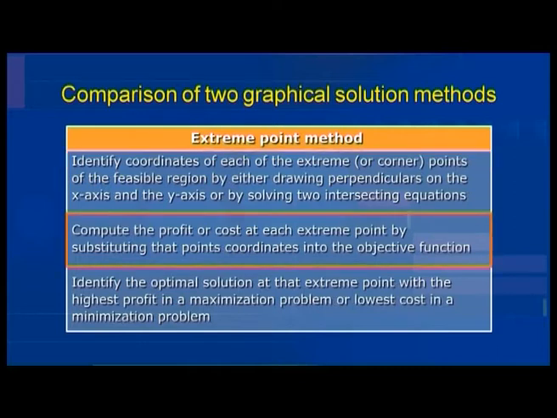Compute the profit or cost at each extreme point by substituting that point's coordinates into the objective function. Identify the optimal solution at that extreme point with the highest profit in a maximization problem or lowest cost in a minimization problem.